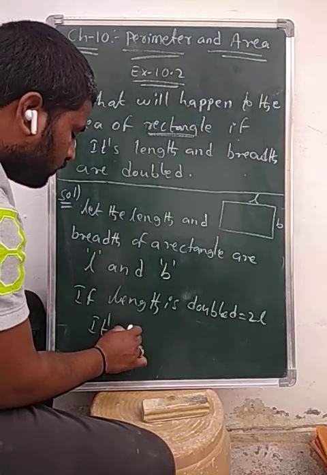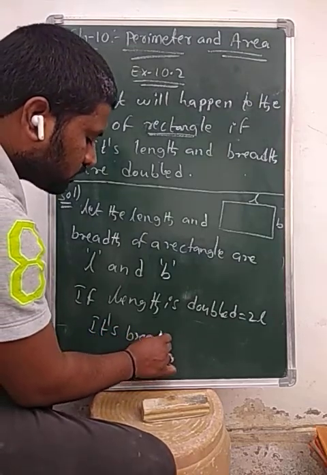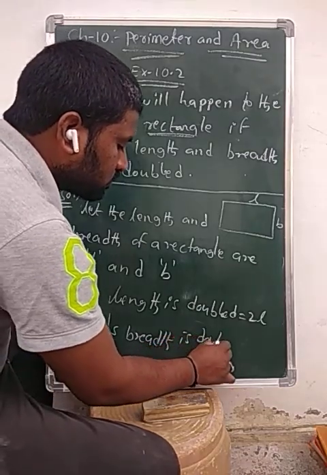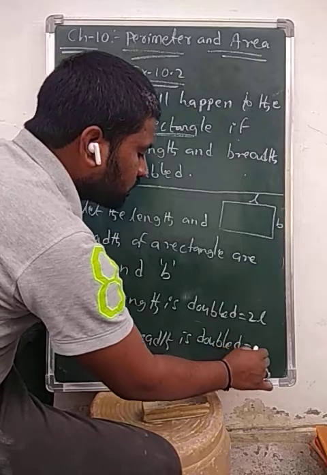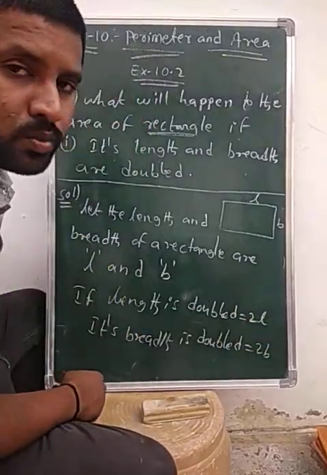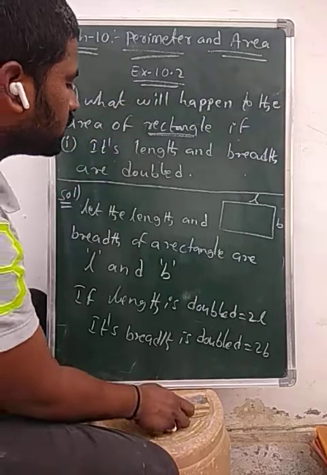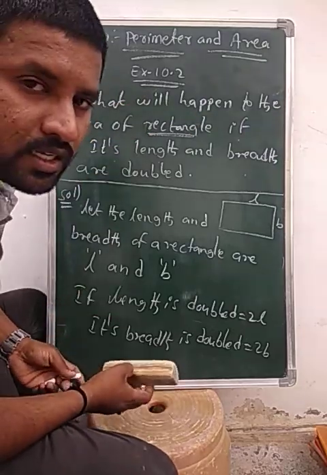And if its breadth is doubled, that is nothing but 2B. Now what will happen to the area? So what is the area of a rectangle formula?